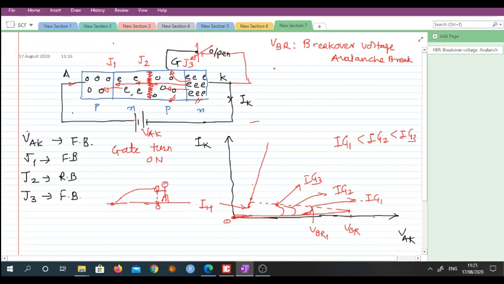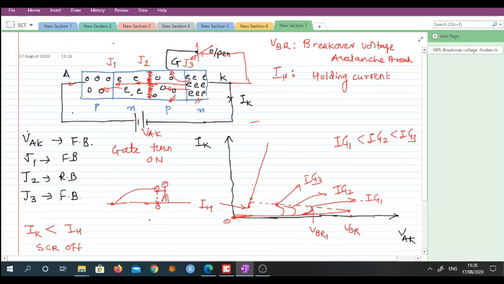So IH is another important specification, and it is called the holding current. If I bring the cathode current less than this IH value, then the SCR gets turned off. Okay, this is very interesting to note.